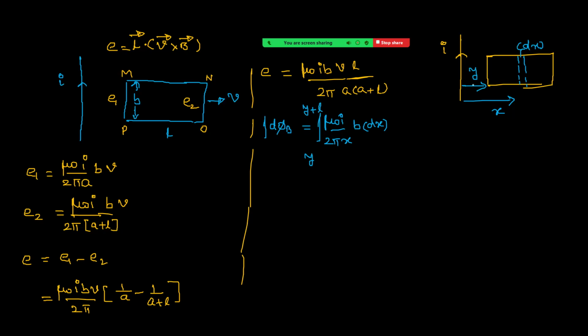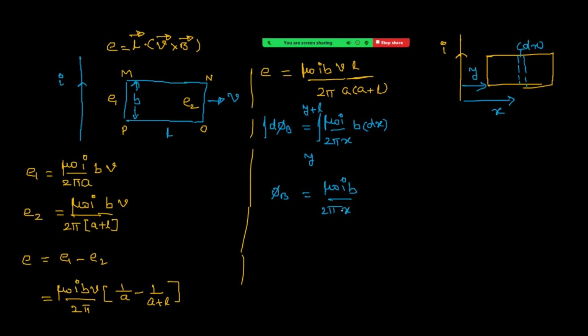That's why it should be a variable. Now flux is equal to μ₀I upon 2π x b dx.